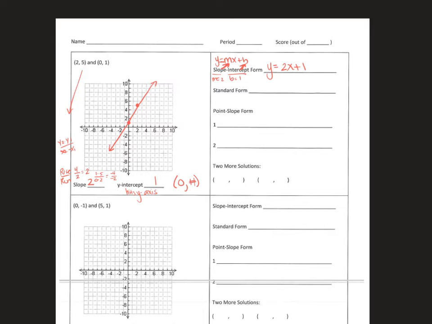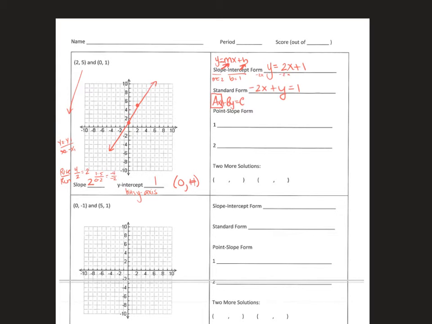Now standard form, you have to move the x to the other side. So I would be subtracting 2x from both sides. So I have negative 2x plus y equals 1. The form for standard form, the formula is ax plus by equals c. So meaning that the ax is in the front, really the mx, because it's the slope still.